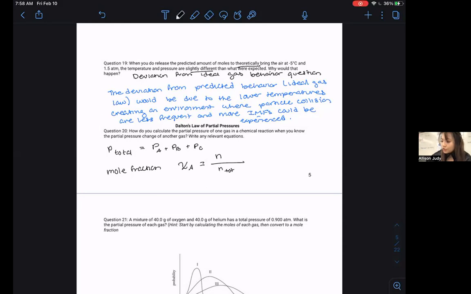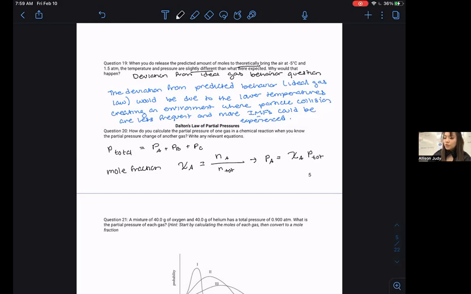And so using the concept of mole fraction, if we don't have the individual partial pressures, we can say, well, whatever pressure contribution my single gas A is providing is going to be equivalent to the mole fraction of that gas, the mole percentage of that gas present in the mixture, times the overall pressure measured.